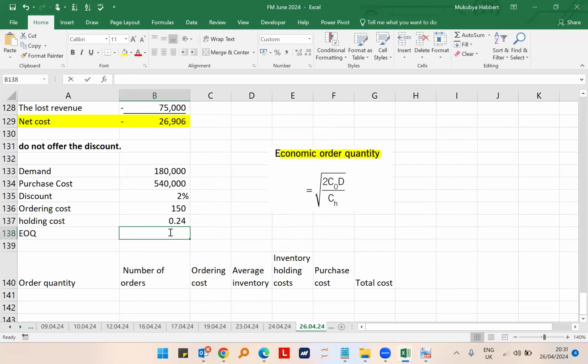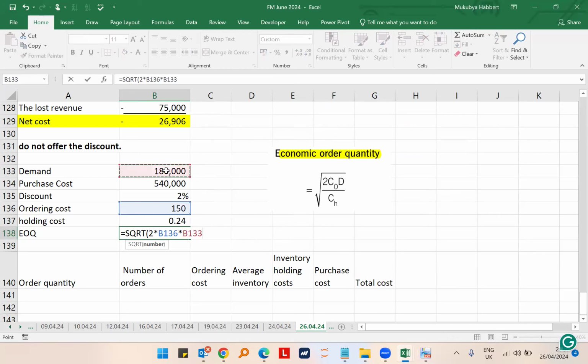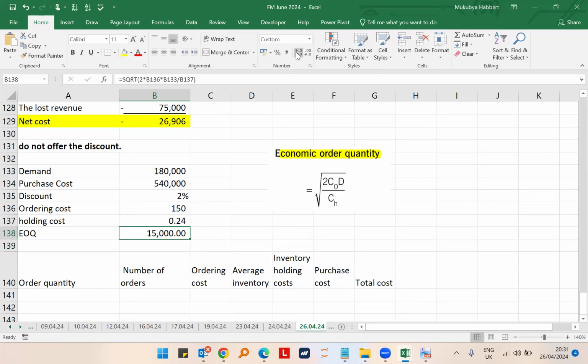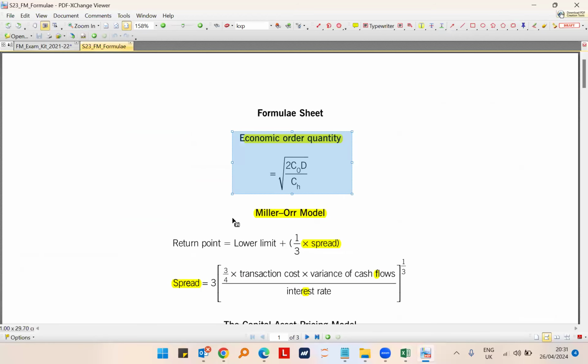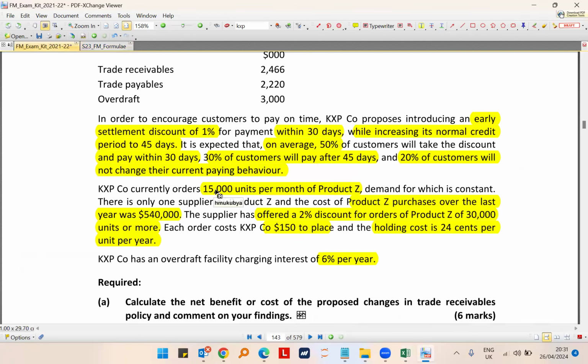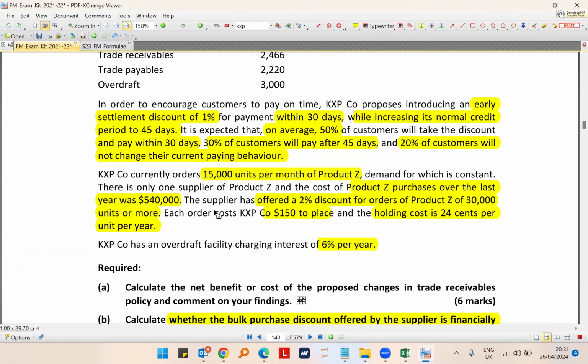So EOQ is going to be square root of 2 times the cost of ordering, which is given as 150, times the annual demand, which is 180,000, divided by the cost of holding, $0.24, which gives us 15,000. So I did that because we don't want to assume that what we are currently ordering is the EOQ. In this case, it happens to be the same thing.